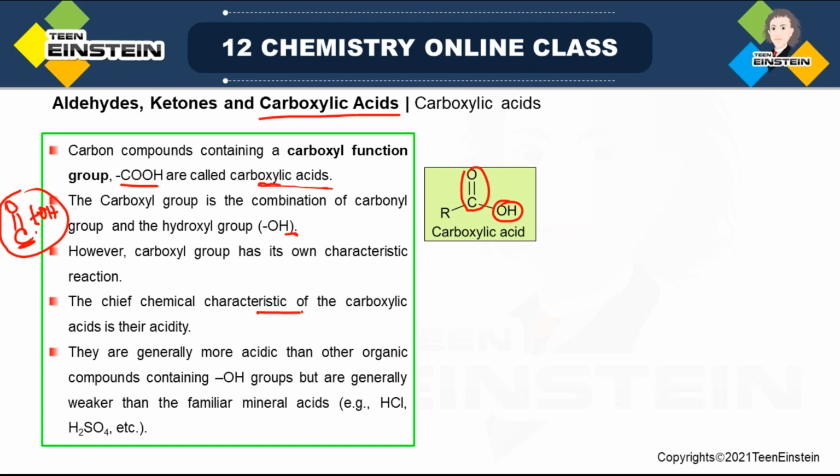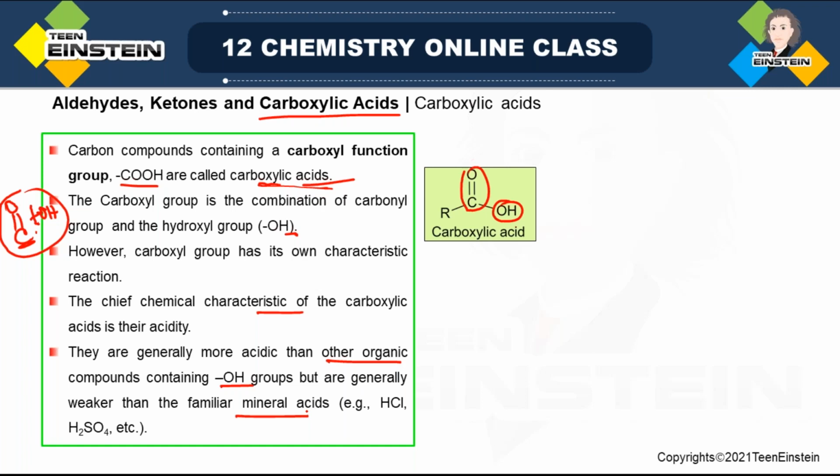The chief chemical characteristic of these acids is their acidity, and that is clear from the name. In the name itself, we are using the term acid, so it must have some acidic property. They are generally more acidic than any other organic compounds containing an OH group, so obviously compared to alcohol they are more acidic, but they are generally weaker than the familiar mineral acids.